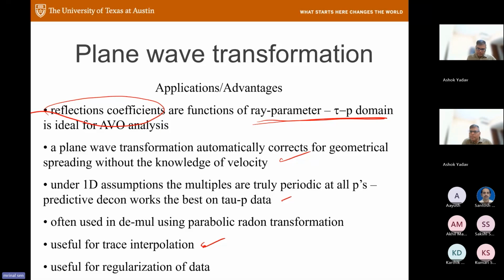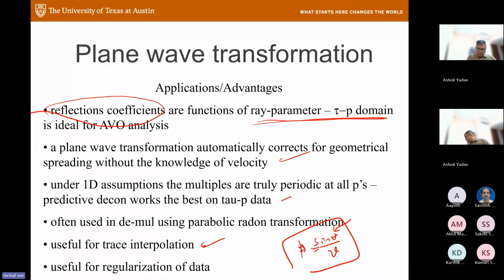And angle is essentially known only if you know the velocity, because remember, P equals sine theta over V. P is the most fundamental parameter, even in anisotropic medium. I wrote a paper on that a long time ago. If you know the velocity, you can get to angle. Otherwise, you don't.